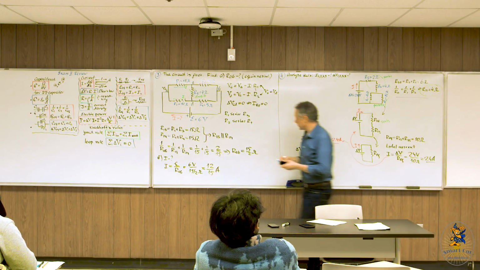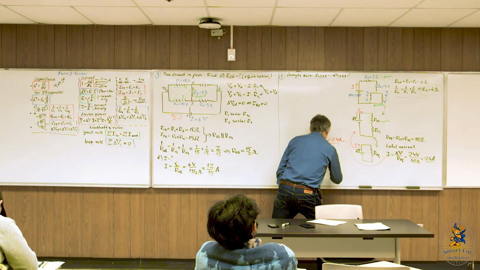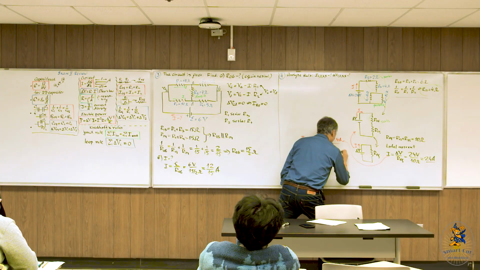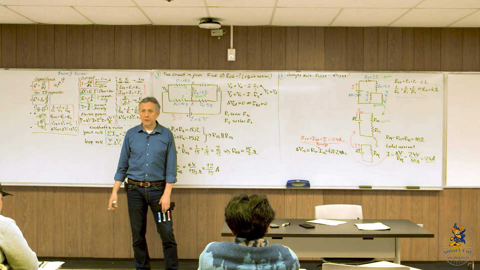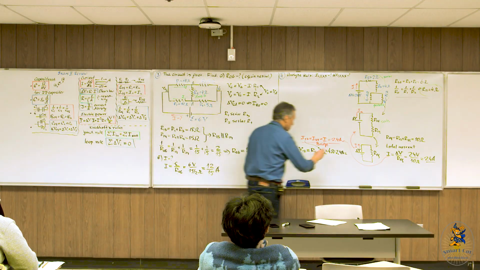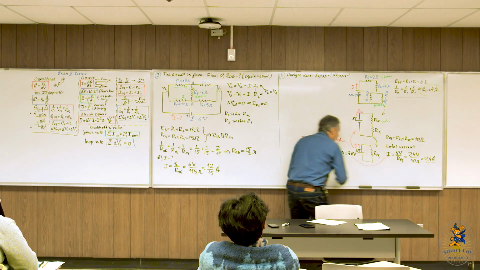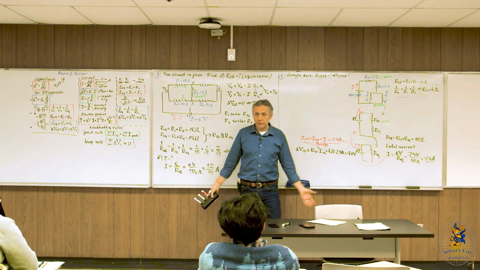So R12 is 4 ohms times 2.4 amps, and we get 9.6 volts of potential difference. 9.6 volts.